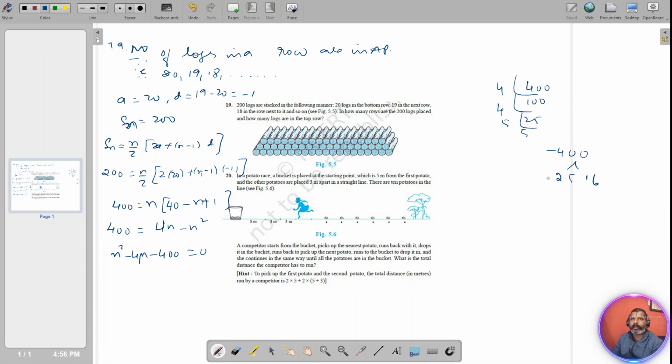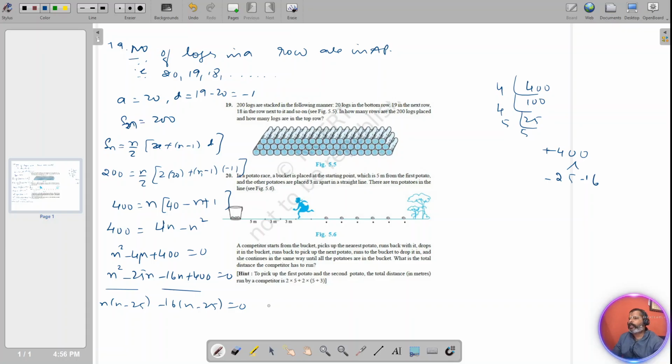So if you put both minus, minus into minus gives plus 400. So split it: n square minus 25n minus 16n plus 400 equal to 0. Take common: n of n minus 25 minus 16 of n minus 25, because 25 into 16 is 400. Now we have the factors.